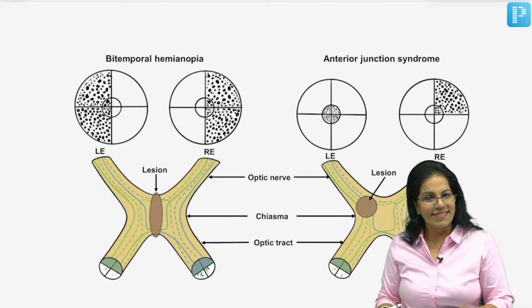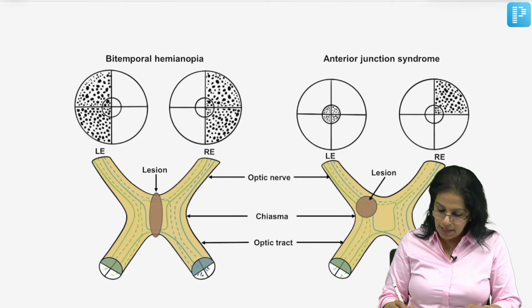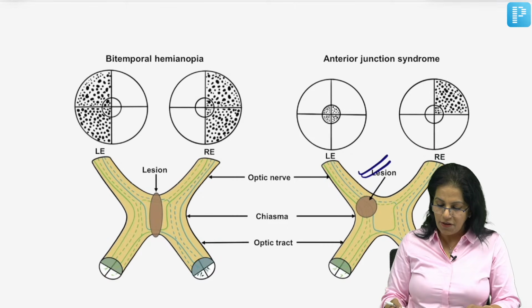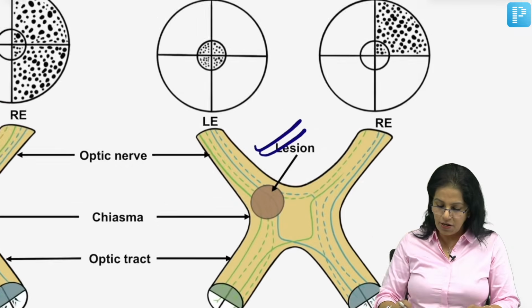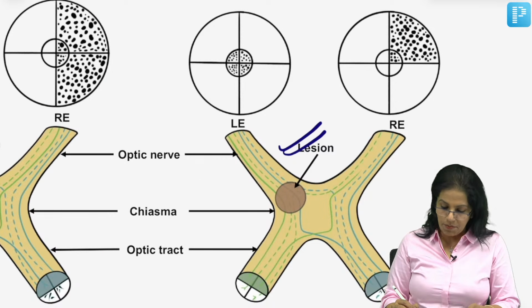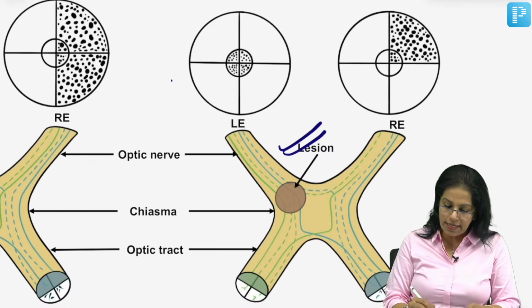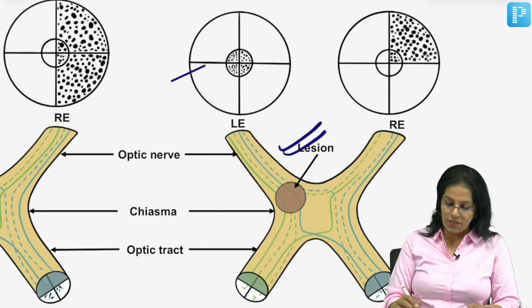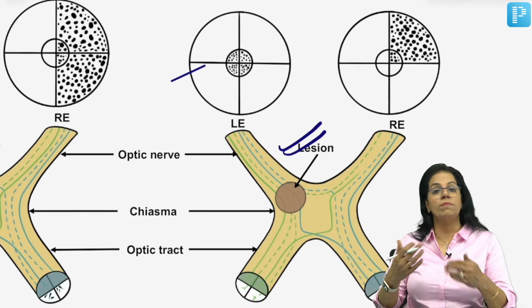Look at this one. If you look at this slide, you see the lesion is at the junction of, what do you see? It is at the junction of nerve and chiasma. So, when this happens, what happens? In one eye, either you get a central scotoma, as you can see in this case, or sometimes even complete blindness.